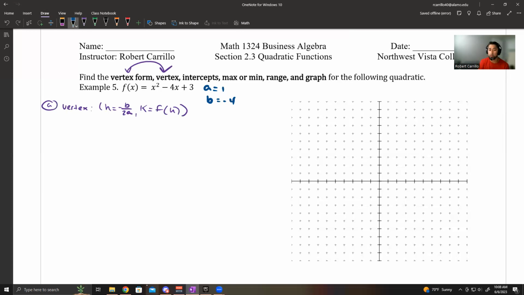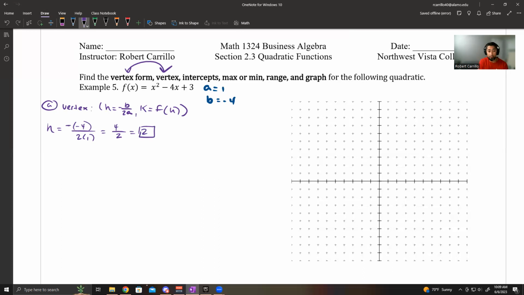We don't really need c here. We just need a and b. Okay, so plugging in, this means that h equals negative b, so it's going to be negative 1 times negative 4 over 2 times a, which is 1. Then you get 4 over 2, which gives us 2. So this is the h value of your vertex.